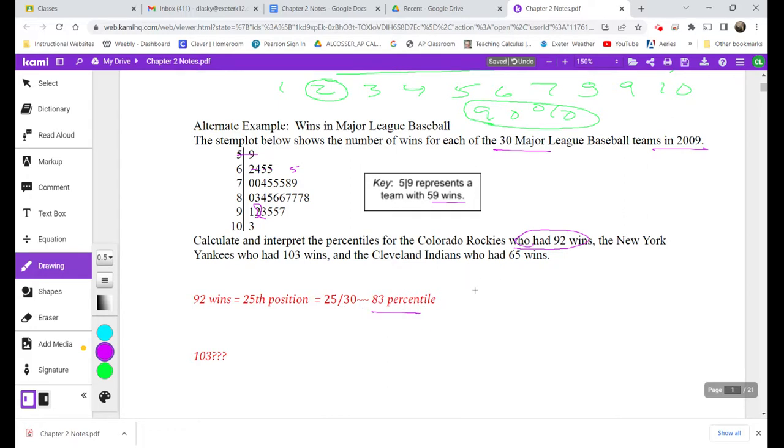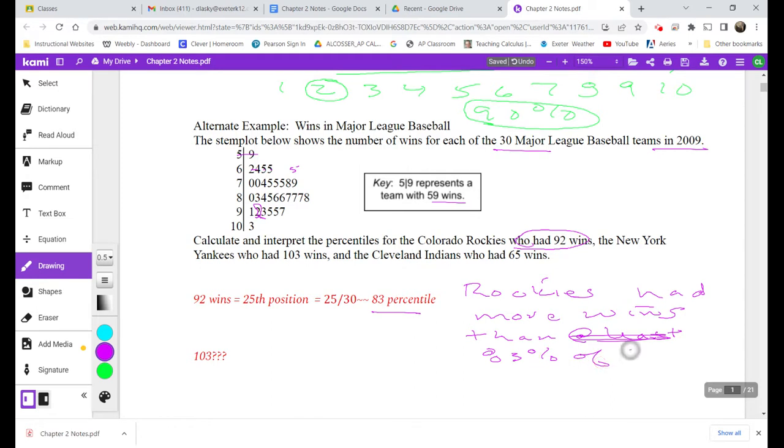And so what does that mean? That the Rockies had more wins than 83% of the Major League Baseball teams, okay?